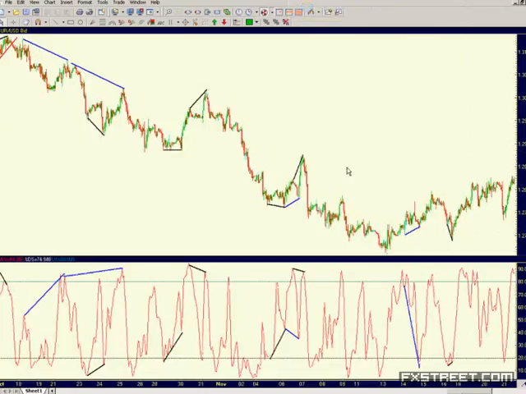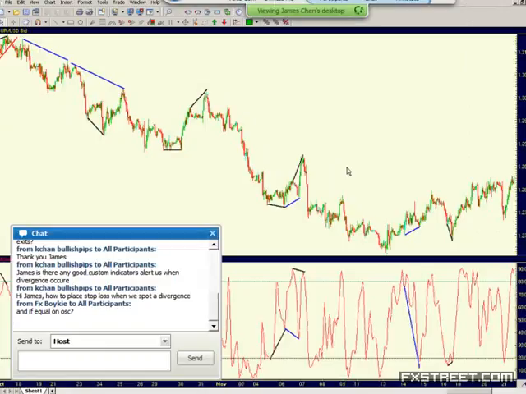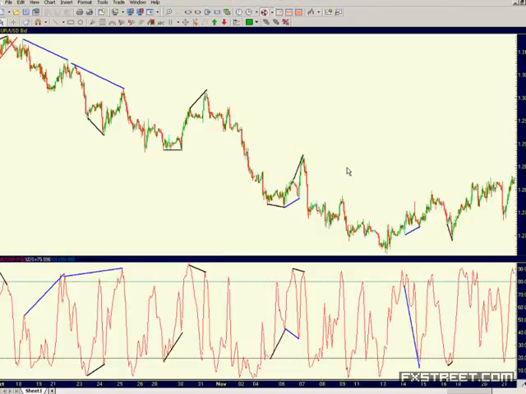Okay, Boyke, great question. If equal on the oscillator, I generally don't take that with as much importance as if there's an equal on the price, and if there's higher lows, higher highs, or what have you on the oscillator.